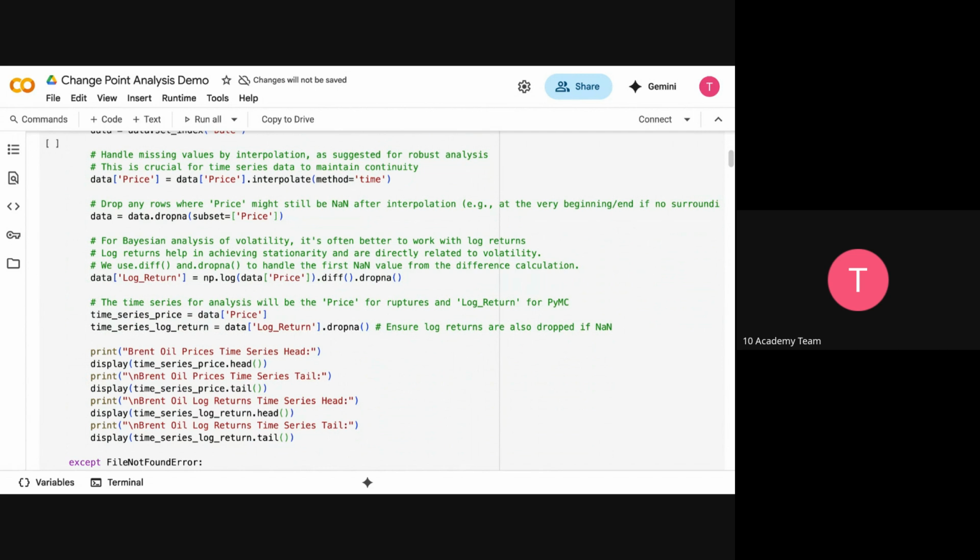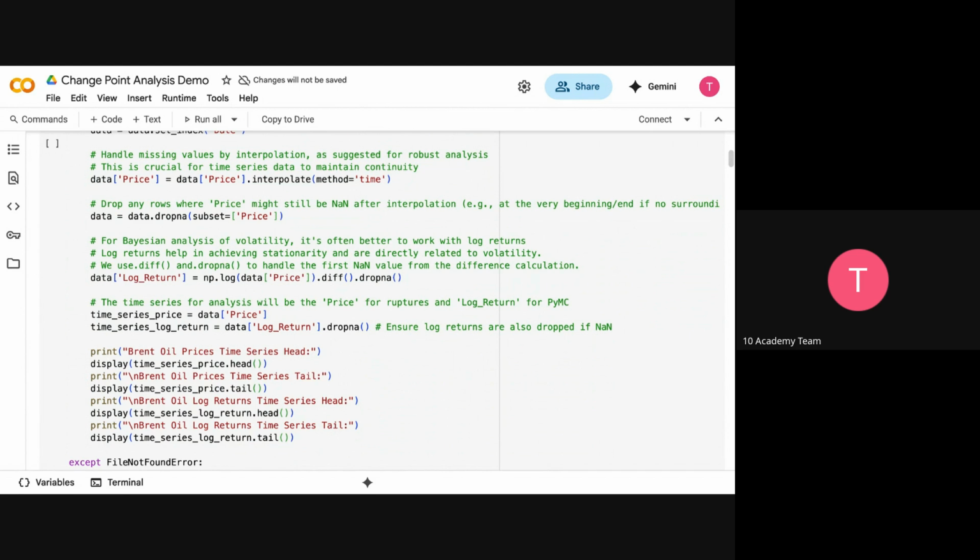I just wanted the null values removed, because if you have null values, it's going to be bad for the change point analysis. So I just used interpolate on the price, and if there are still null values after the interpolation, I'm just going to drop them.